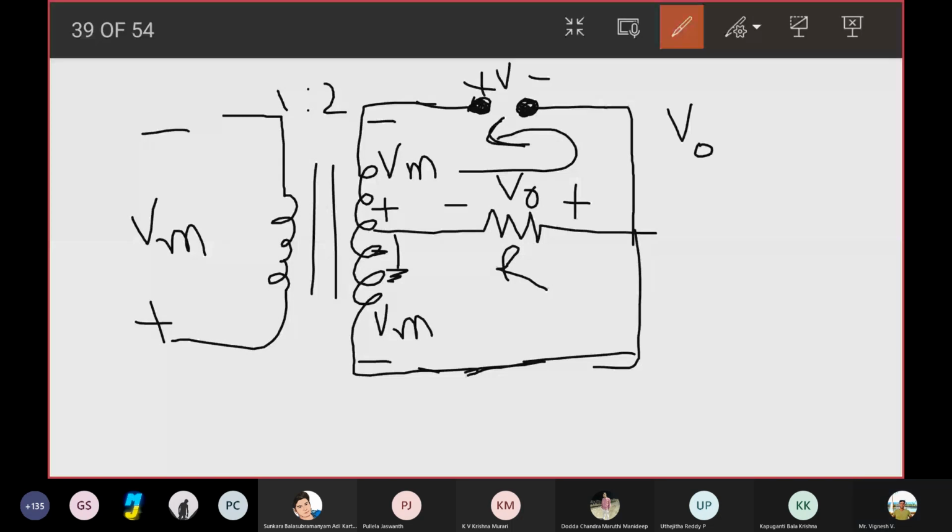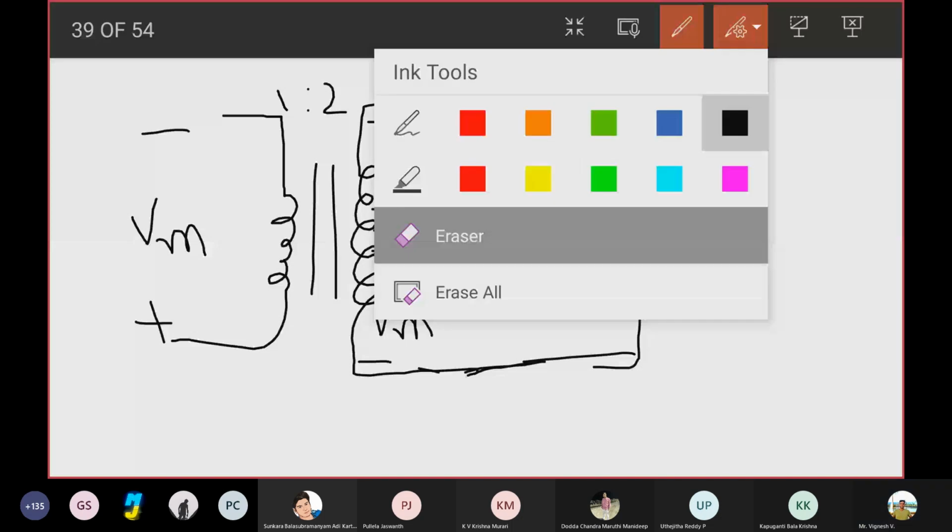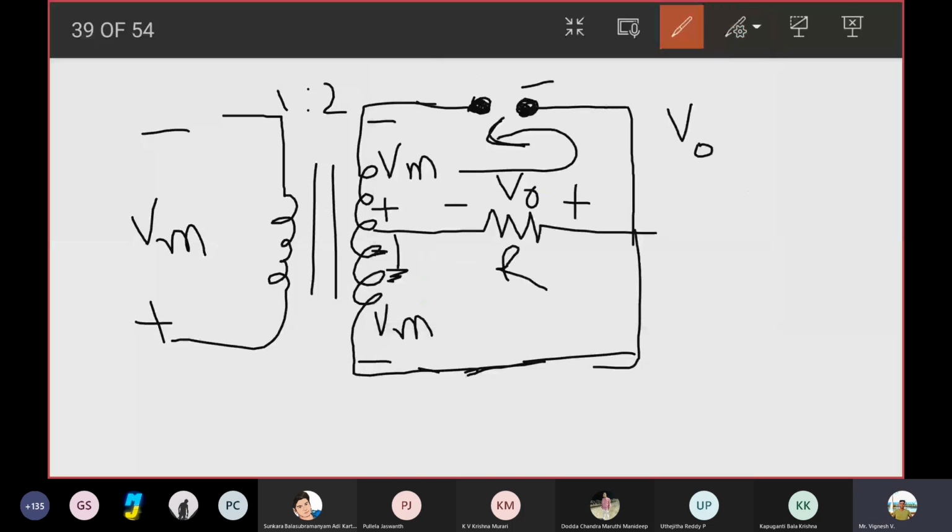The diode loop is different, right? Minus, plus, minus. So tell me, what is the equation? What is V naught? I mean, what is the PIV?